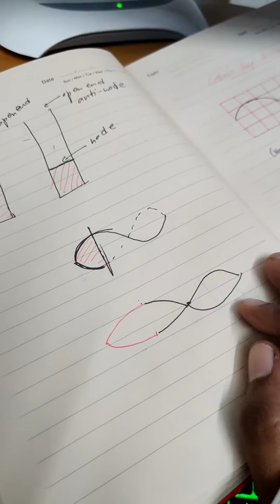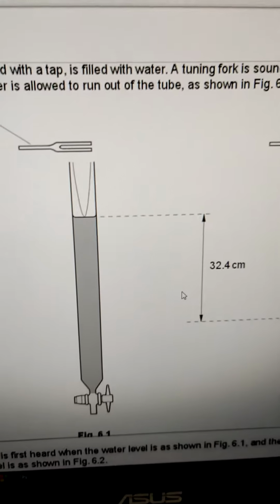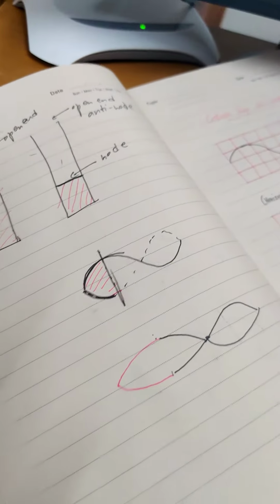Now, whenever the loud sound is heard, that's called resonance. This tube is resonating. Where does resonance happen? Let me just tell you.